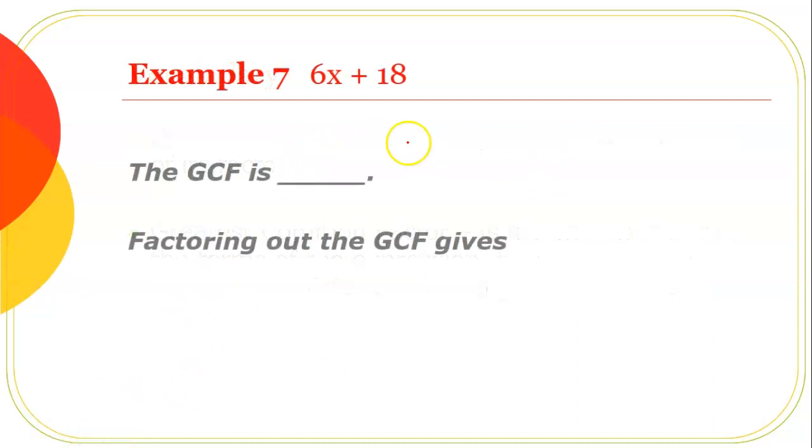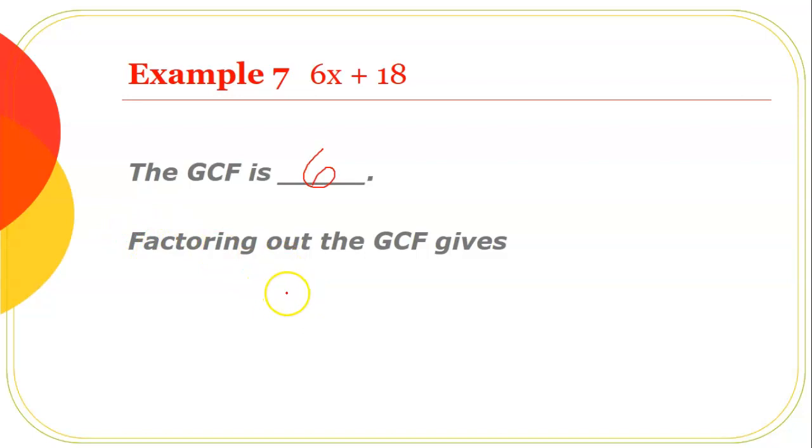In this first example, we have 6x plus 18. This is a linear expression because the x has a power of 1, so this is not a quadratic. The GCF is the largest number that divides into both. 6 and 18 both divide by 6, therefore the GCF is 6.